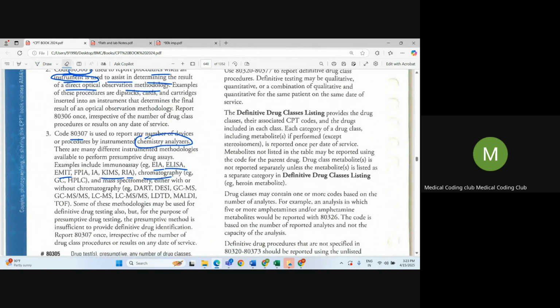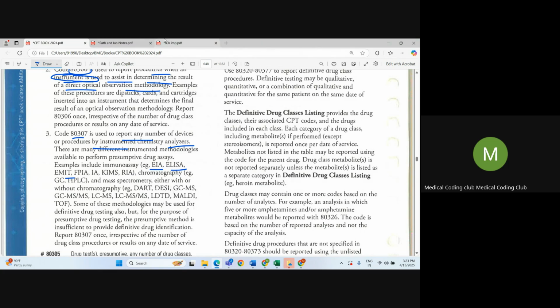And lastly, if they utilize any kind of chemistry analyzers to read the result, 80307 is used to report any number of devices or a procedure by instrumented chemistry analyzers. Examples are EIA, ELISA, and EMIT, and all of these chromatography techniques are included here in 80307.